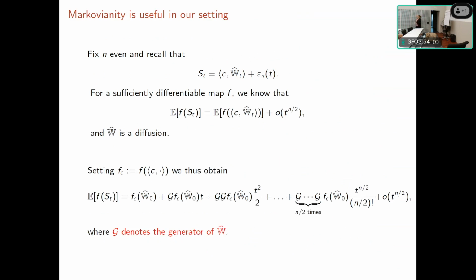So the only thing that we need to do is to understand what is the generator, this operator coming from the Ito formula of the signature, and then we apply the formula as before, evaluated at the signature at time 0, which is nothing else than 1 and then 0, 0, 0, 0, because the integral from 0 to 0 is 0.